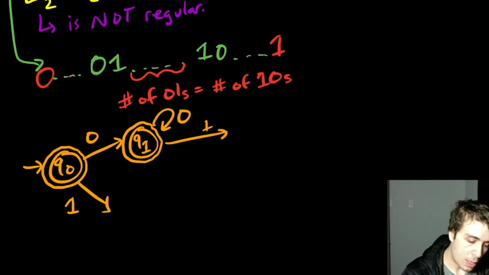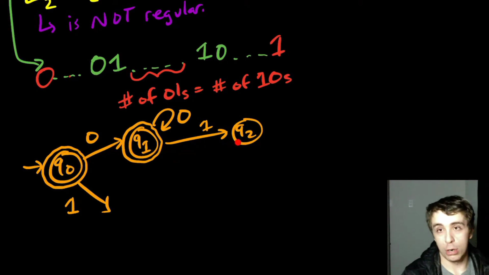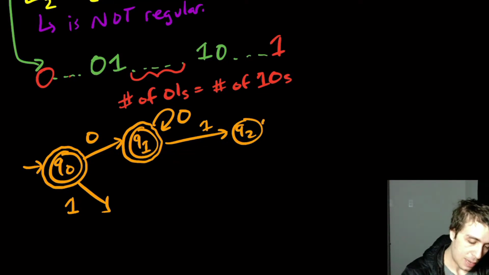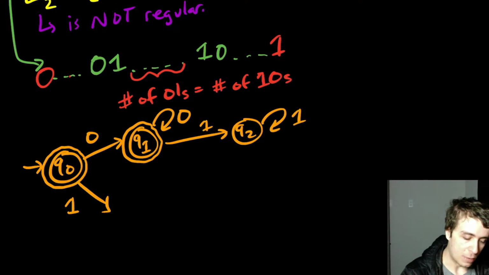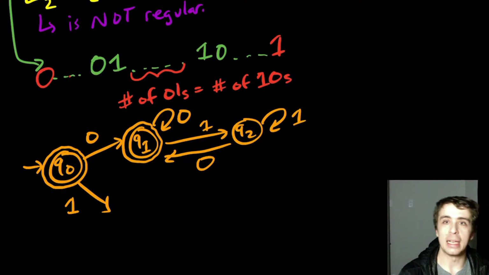If I read a 1, I should go into a different state, because at this point I started with the 0 and currently I've ended with a 1. If I read more 1s, I should stay over here. Then if I see a 0, the counts are back in unison, and so we can come back to Q1.